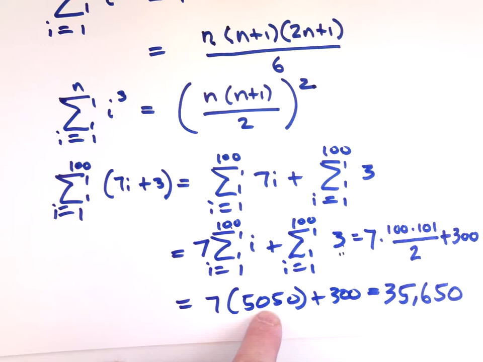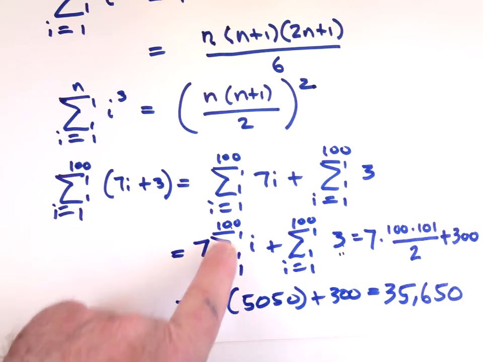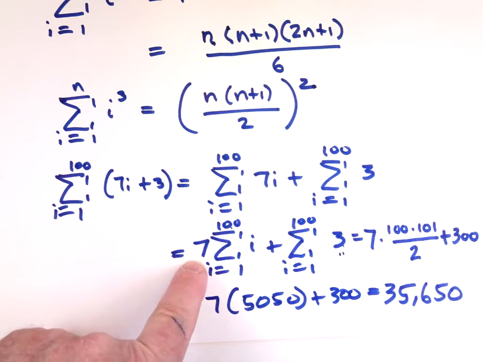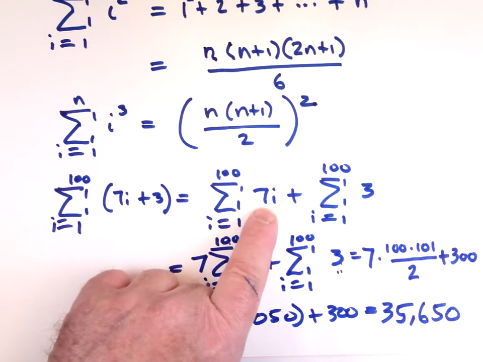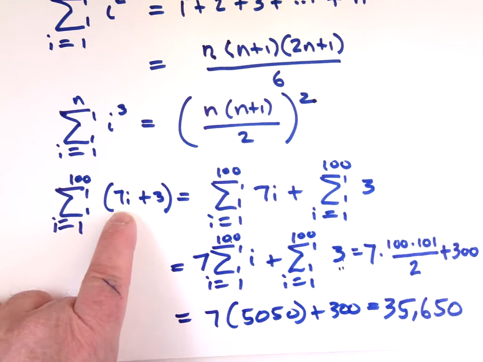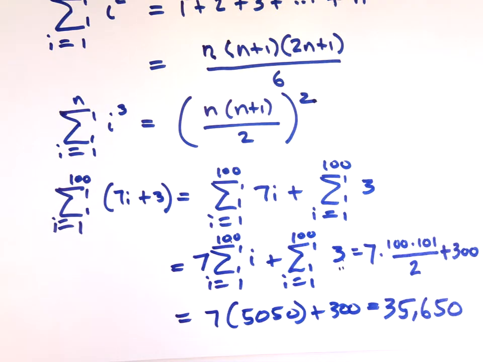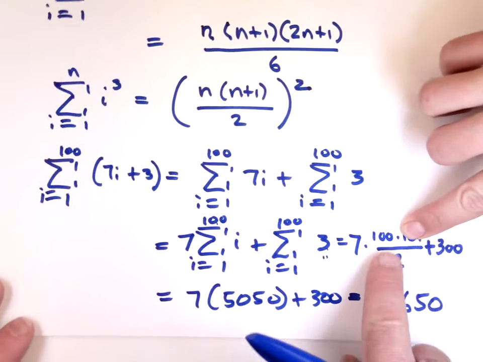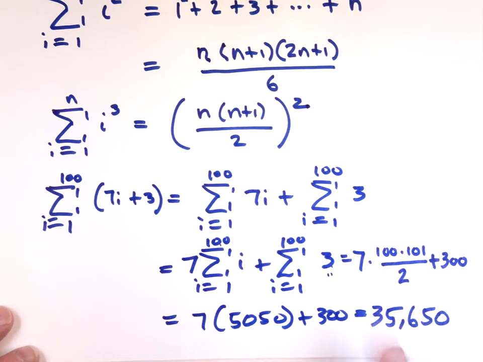This 7? The 7 sigma. Is it supposed to be a plus or times? It's times. It's n times n plus 1 divided by 2.